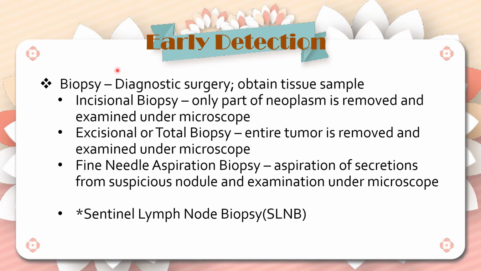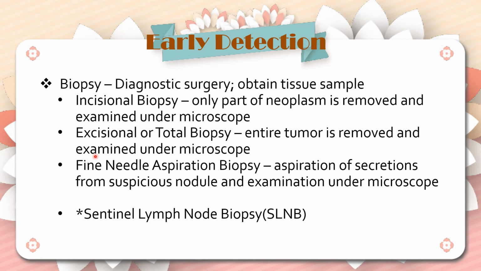And we have here biopsy, which is actually the gold standard for diagnosing cancer. So biopsy is a diagnostic surgery wherein we have to obtain a tissue sample. There are different kinds of biopsy. We have incisional biopsy, wherein only part of the neoplasm is removed and examined under a microscope.